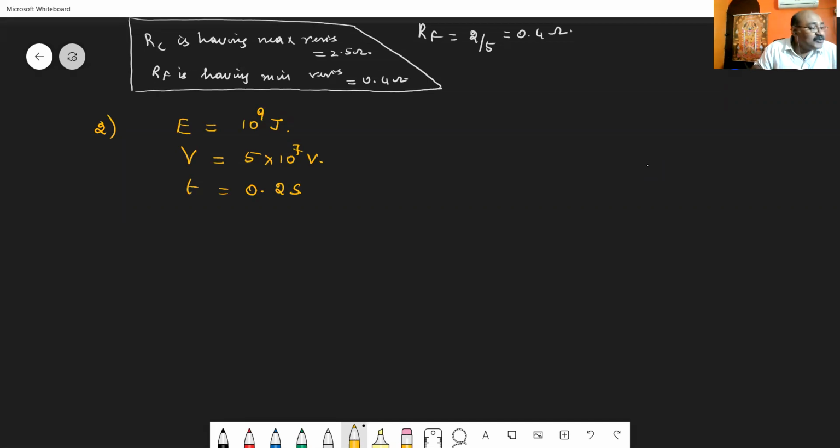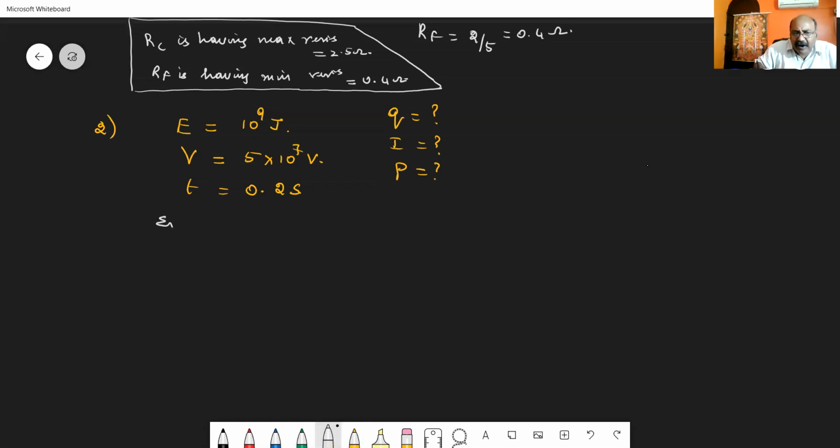What is asked, using this information, estimate the following quantities. Total amount of charge transferred: you are asked to calculate the charge Q. Then the current in the lightning bolt, you are asked to calculate I. Then the power delivered P, in the time of 0.2 seconds.